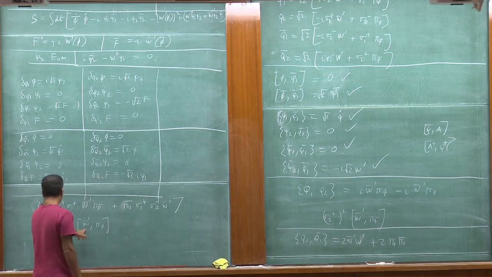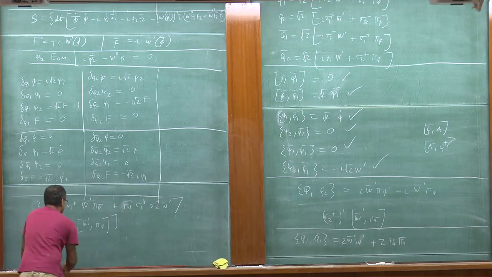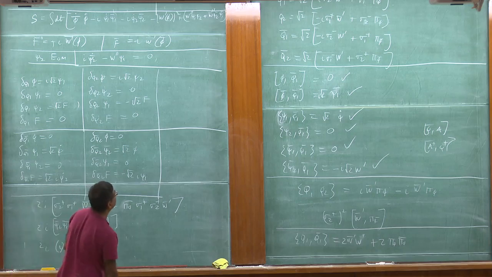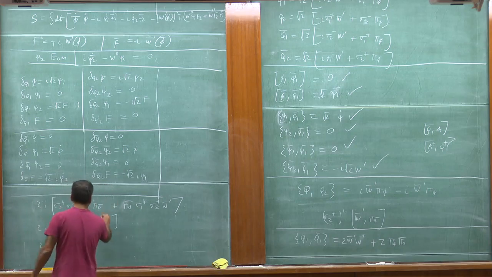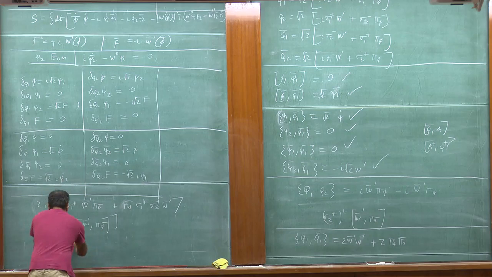Okay? And then this is 2i, and this picks up an I. W bar, oh wait, pi phi bar, right? This gives us a W bar double prime times now just an I.